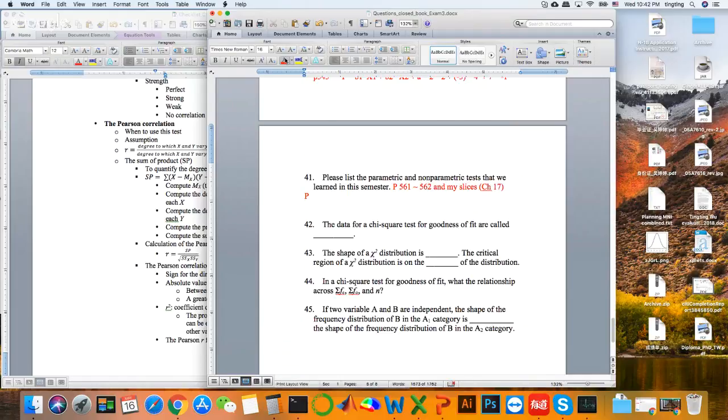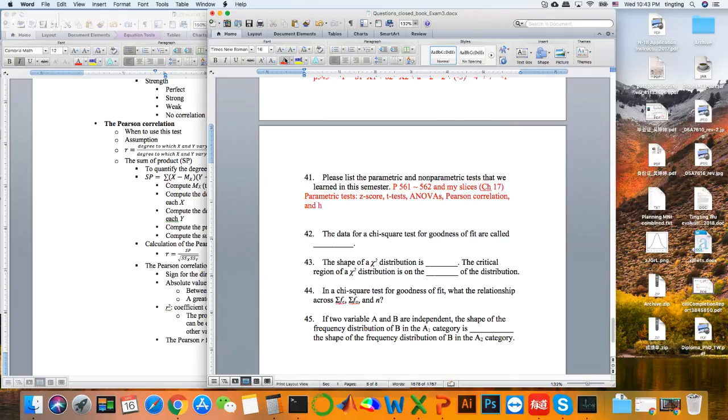Most statistical tests are parametric tests. For example, the Z-score hypothesis test, the t-test, the ANOVAs, the Pearson correlation, and linear regression.